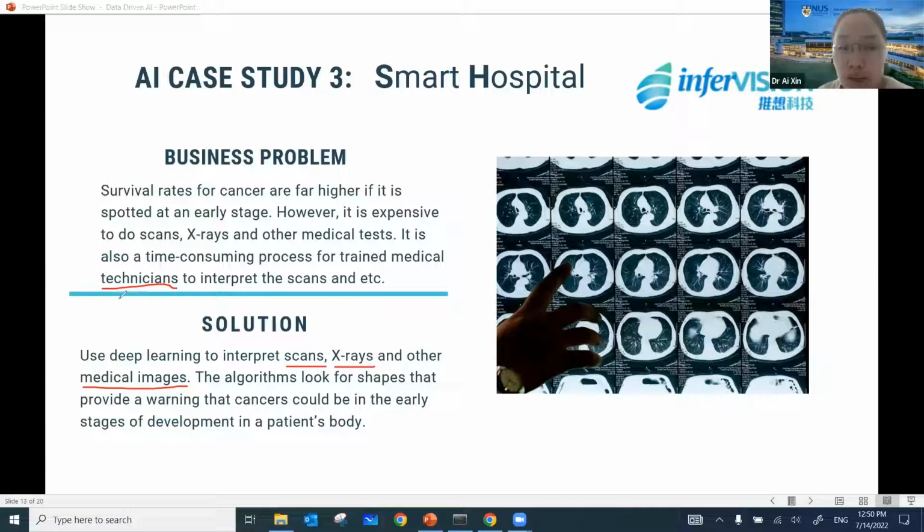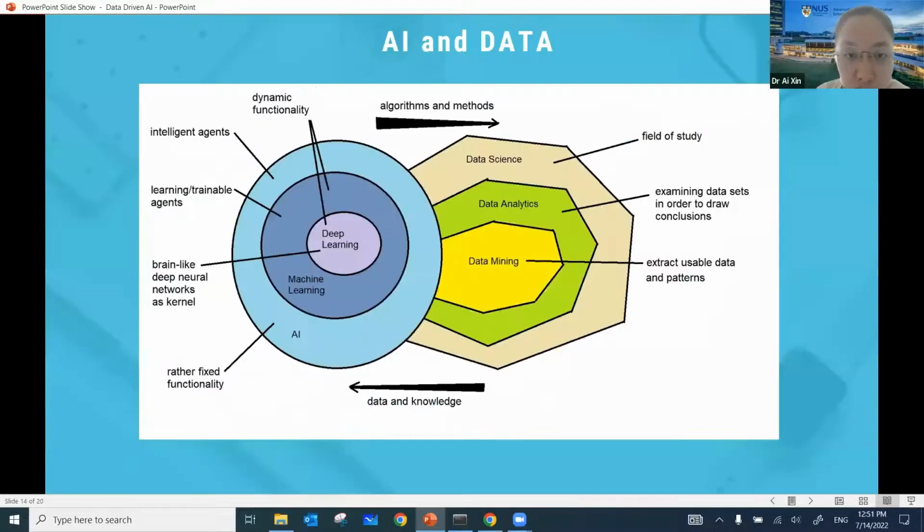So I think the difficulty is how to let the technician and the AI model work together to achieve better efficiency, etc. Okay, so that's the three case studies. I hope through these case studies you get an idea that AI and deep learning are not only for technology companies. They are very useful to apply in real industry.